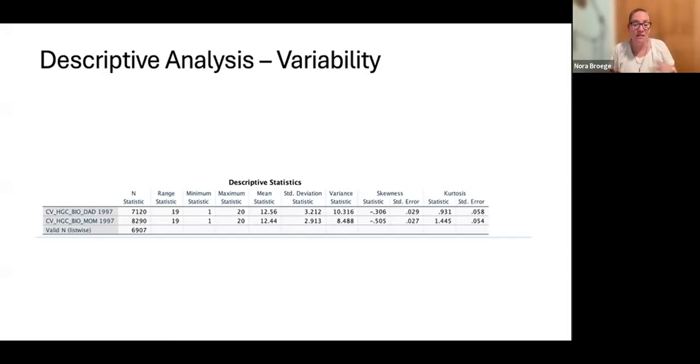Again, this is why sample size matters. If you had a sample size of 50 and you dropped 8 rows of data for the mom and 6 rows of data for the dad, and they may not be the same people, you could lose as many as 14 rows of data. That's a lot of data to lose.